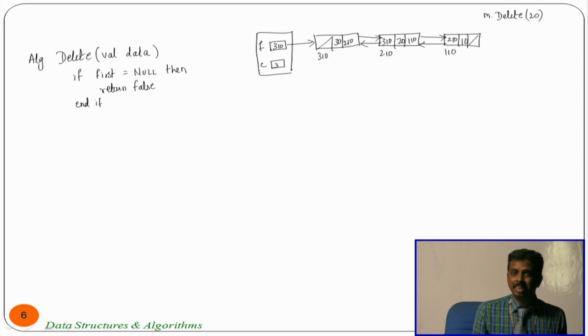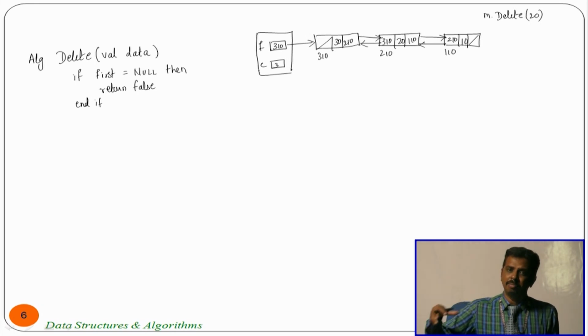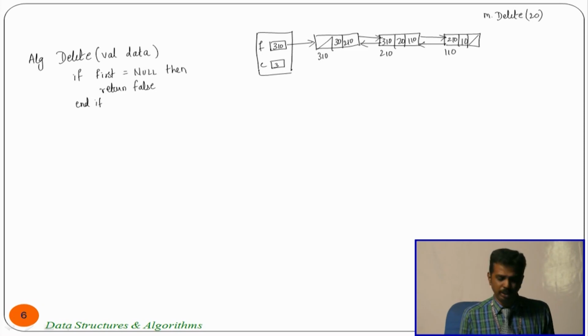But here it need not be maintained. Once you identify the node as t, it contains the information about both the previous and the next. So easily we can change the links and delete the element. We only need to check whether t is present at the first, at the intermediate, or at the last.